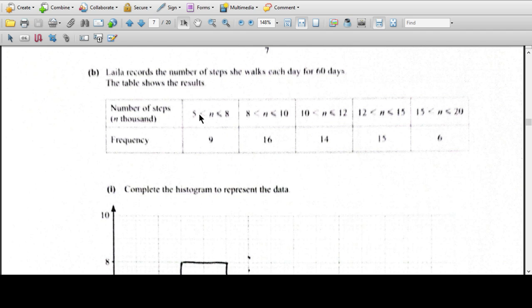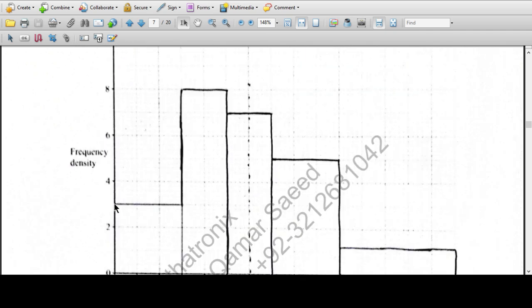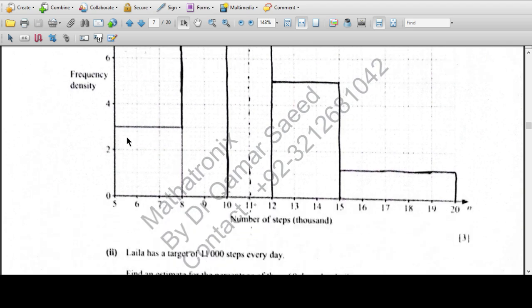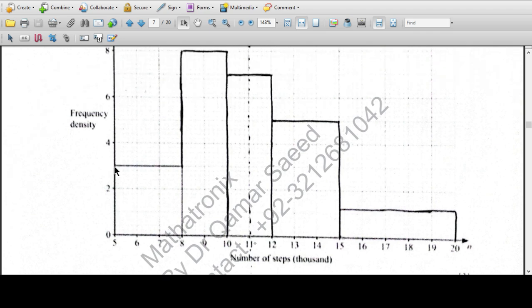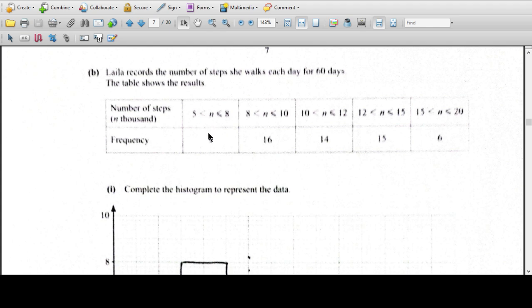The class width is 3, so we divide 9 by 3 and get 3. So the frequency density is 3 for the 3,000 steps. We divide the frequency by the class width.